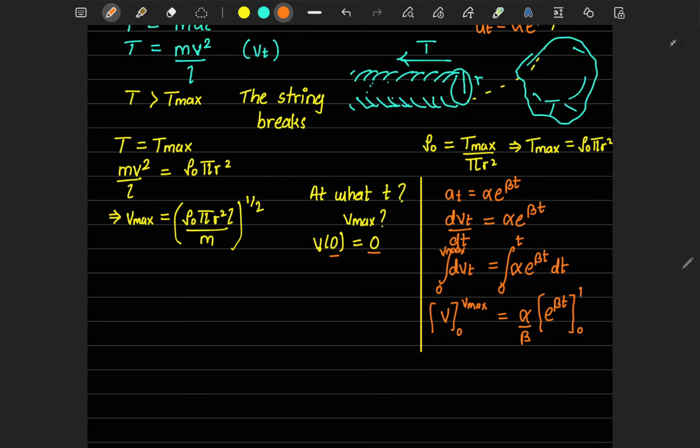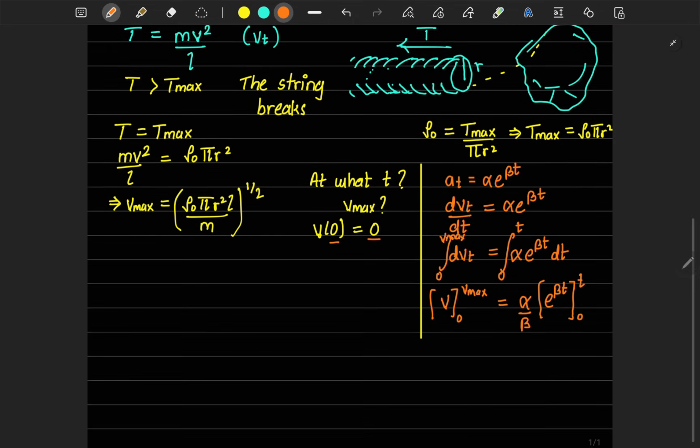Our limits are from 0 to t. So upon solving we get Vmax minus 0 equal to alpha by beta into (e power beta t minus 1).